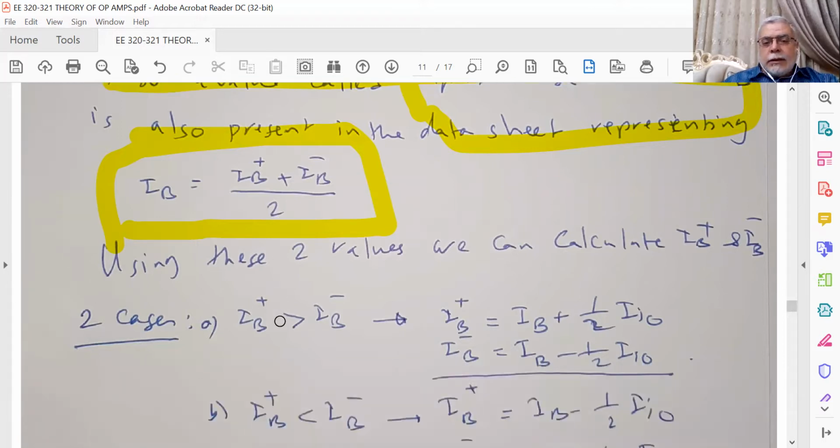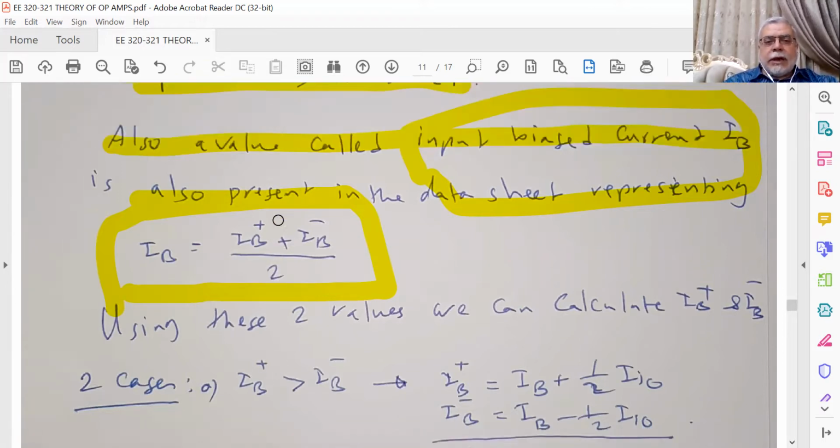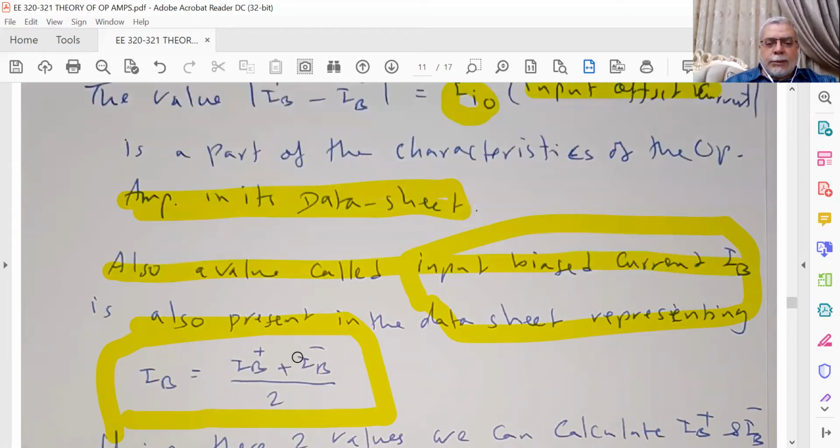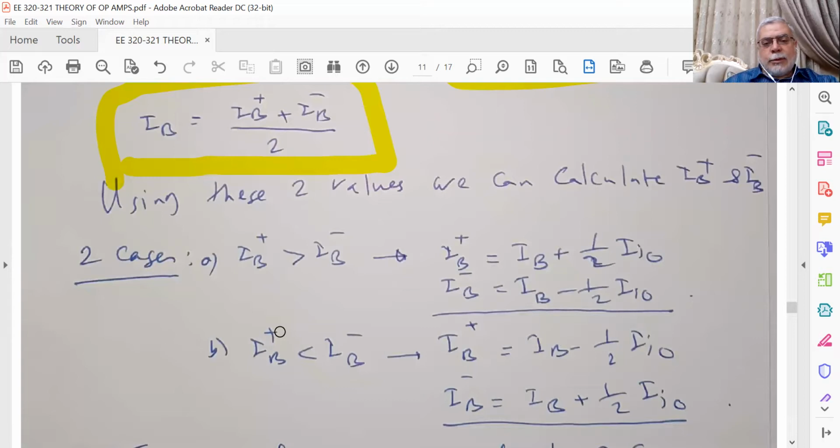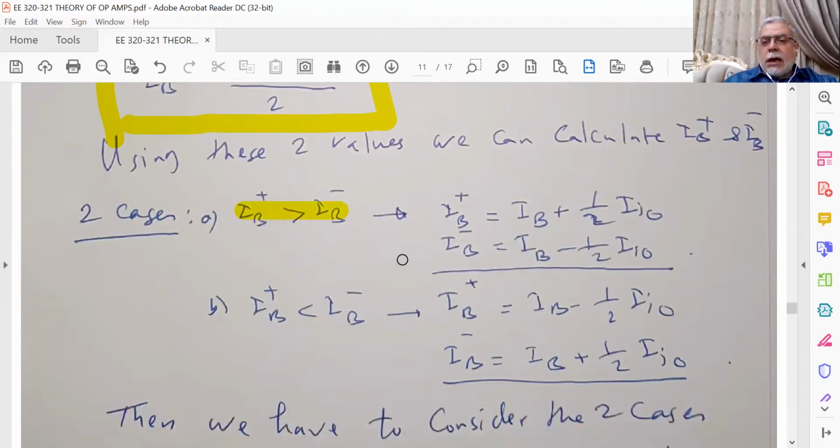So in this case, using these two expressions for IIO and IB, we can get the values of IB plus and IB minus in two ways. If IB plus is greater than IB minus, IB plus equal to IB plus 1/2 of IIO, and IB minus equal to IB minus 1/2 of IIO.